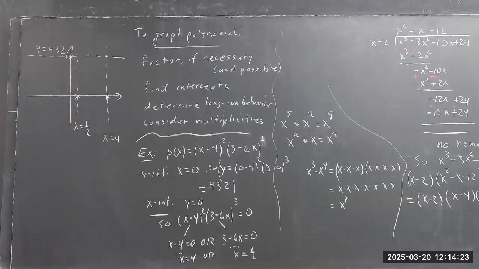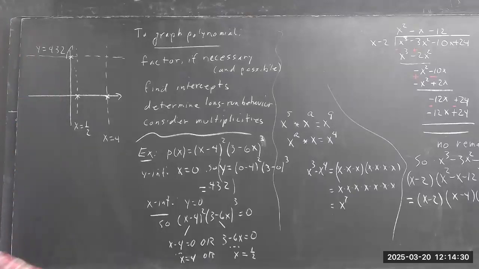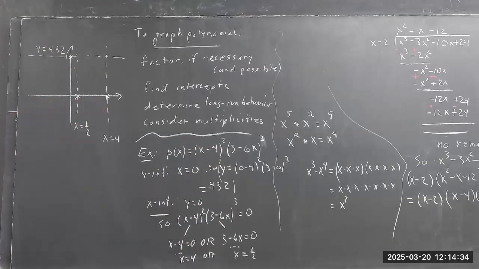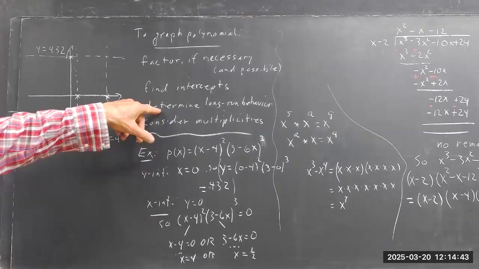Well, my picture, you always get a picture that looks like this. You're going to have one y-intercept, because you always have a y-intercept. And then depending on how many factors you have, you'll have that many zeros. Now you note the multiplicity of the zeros. Well, that's the last thing, so I'll come back to that.